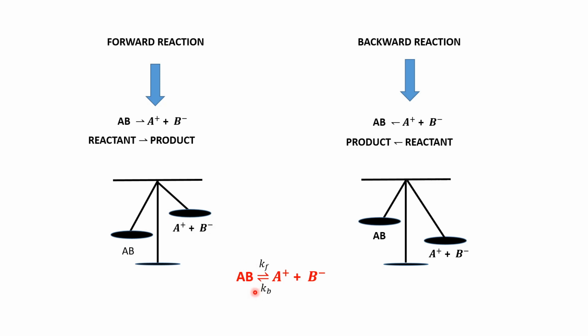The difference is that the rate constant of the forward reaction is given by Kf and the rate constant of the backward direction is given by Kb. Now, what are these rate constants? I have already explained it in the chemical kinetics lecture series. Kindly go and watch it; there, you will understand the rate constant and the rate terms more easily.